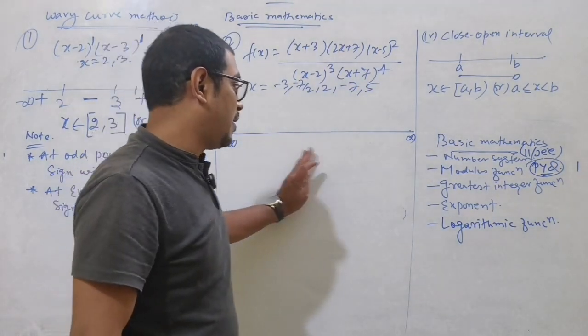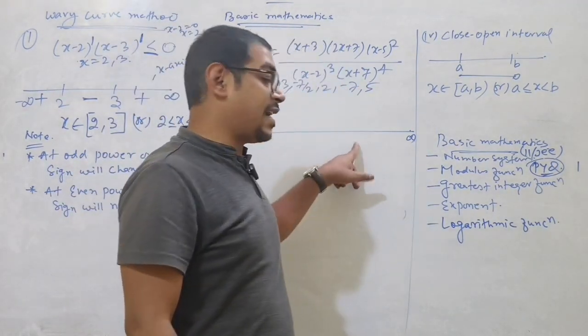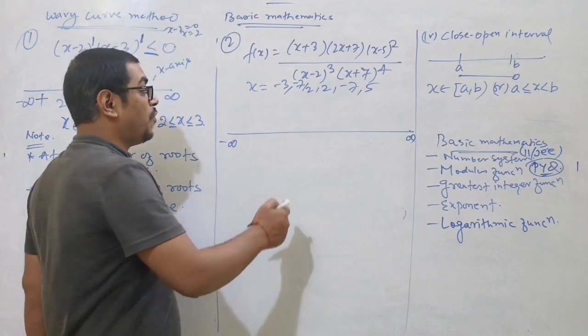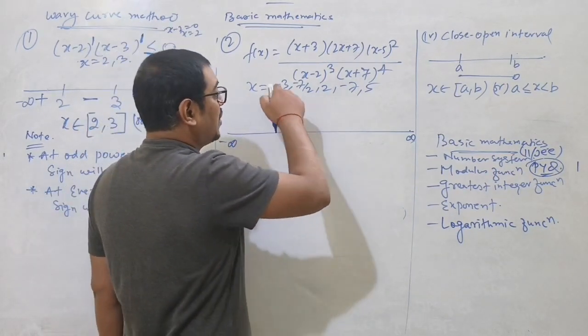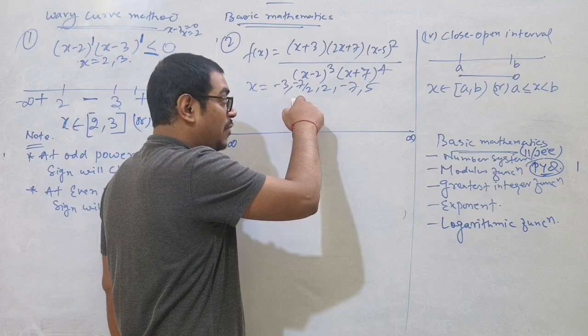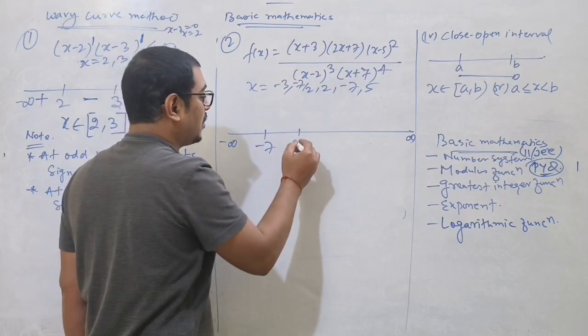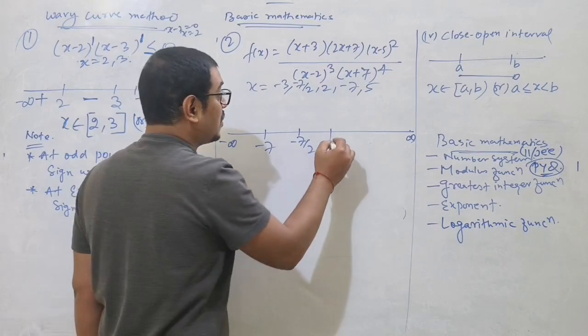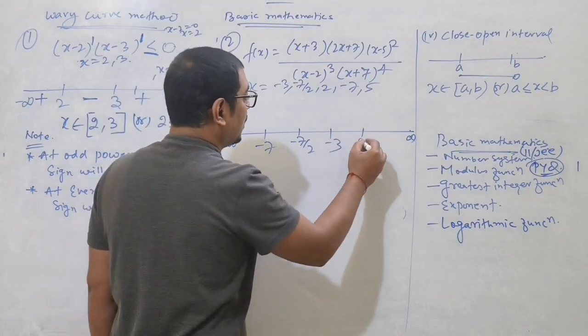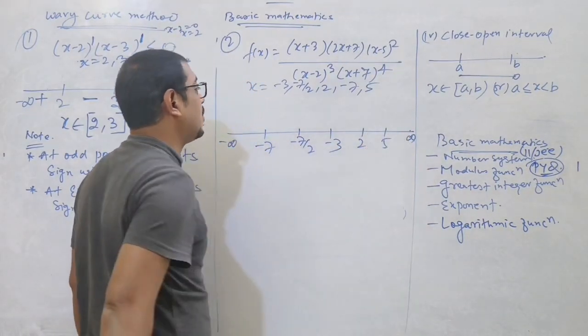Now arrange in ascending order because this is the x-axis. Minus 7 comes first, then minus 7 by 2, then minus 3, then 2, then 5.